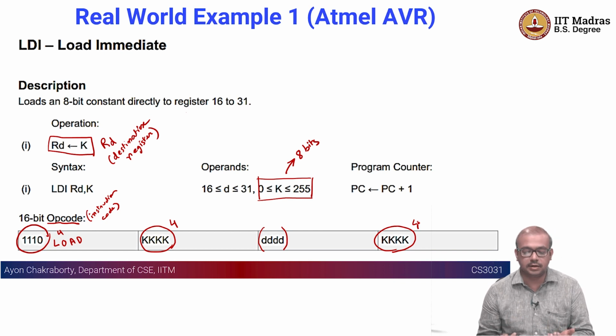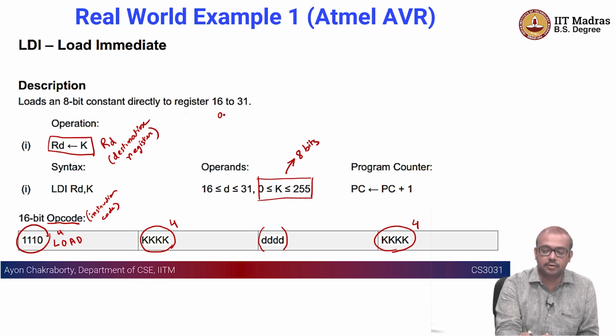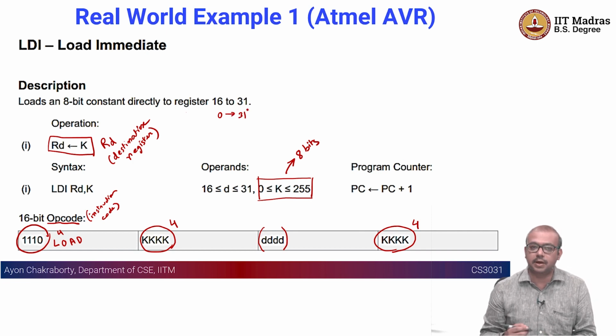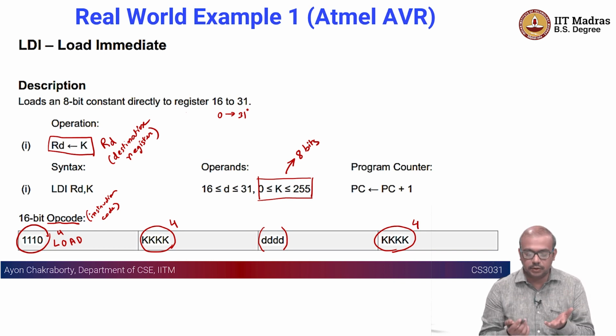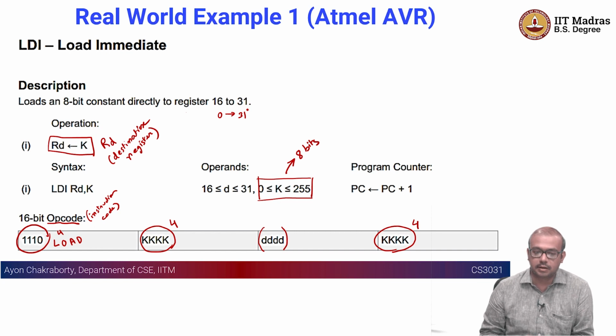So I cannot directly refer to registers 0 to 31, because I only have 4 bits, I don't have 5 bits. If I needed that, I would need a 17-bit opcode, which is not possible. We are specifying only a 16-bit opcode.